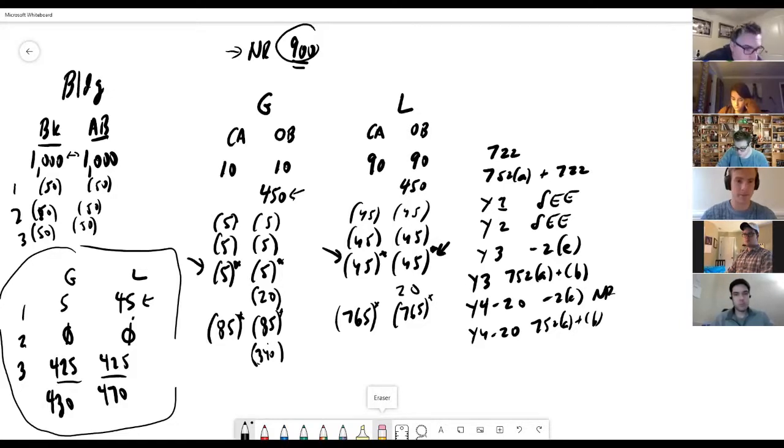And L's outside basis is going to go up by 17 times 20. And then we sum that together. The beauty of that, particularly for L, is L's outside basis is going to end up at 0.